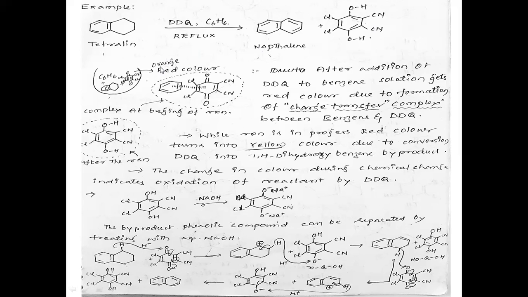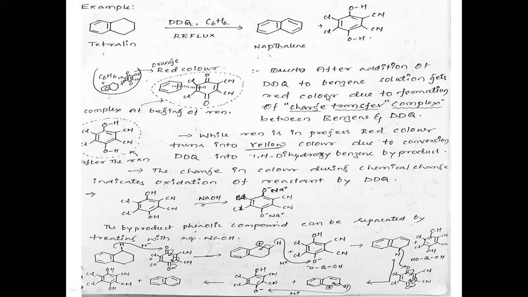Here in this case, when DDQ is added into the reaction mixture, DDQ forms a charge transfer complex with benzene, due to which the reaction solution gets a red color.